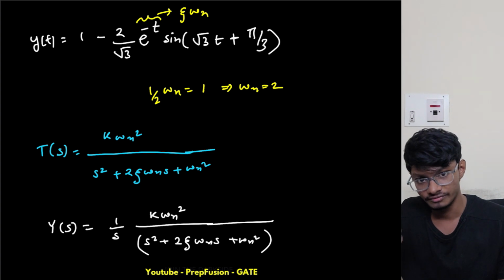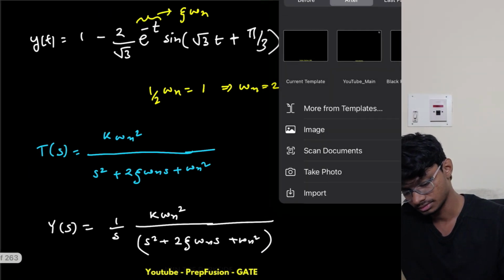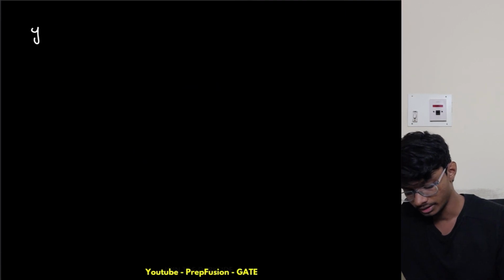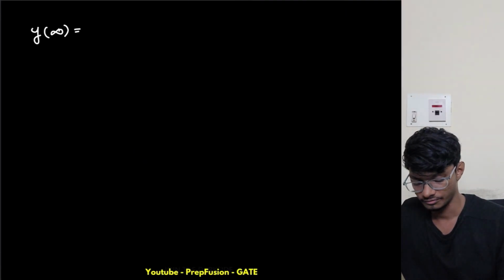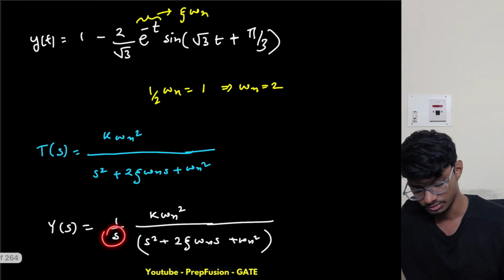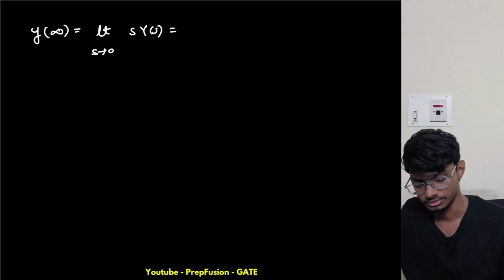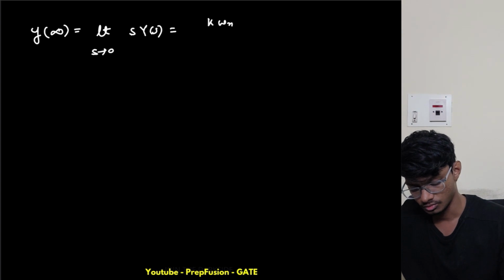Now what is my y of infinity? Let me take another page. My y in time domain of infinity equals limit as s tending to 0 of s times Y of s. So this s will get cancelled. I will be left with 0 for these terms, so it will be k omega n square divided by omega n square.